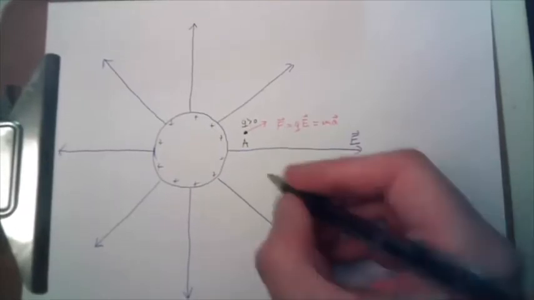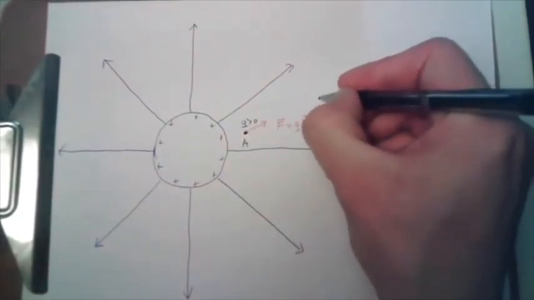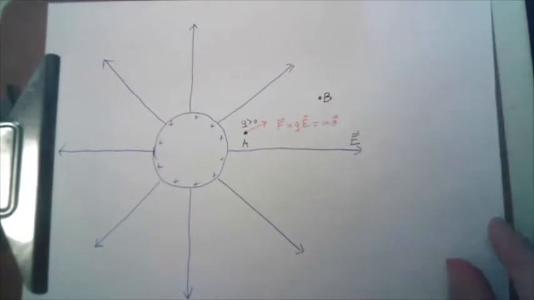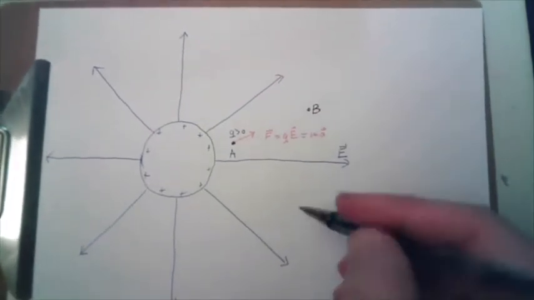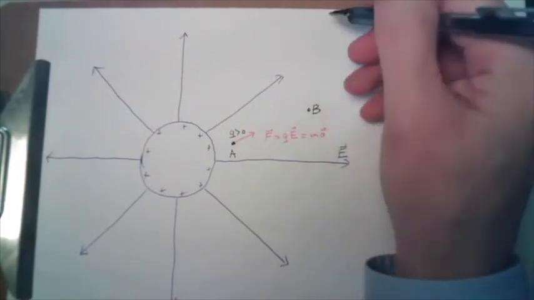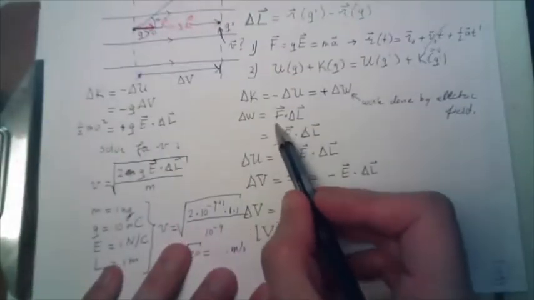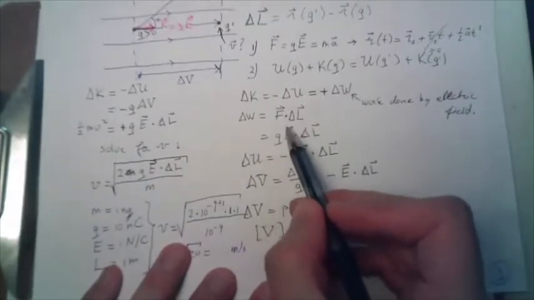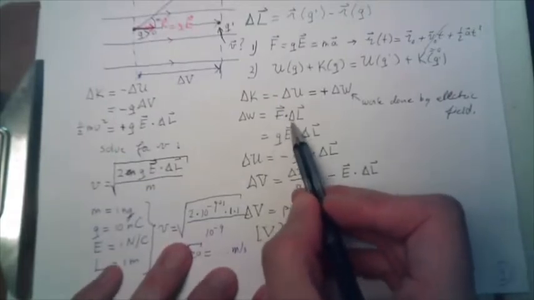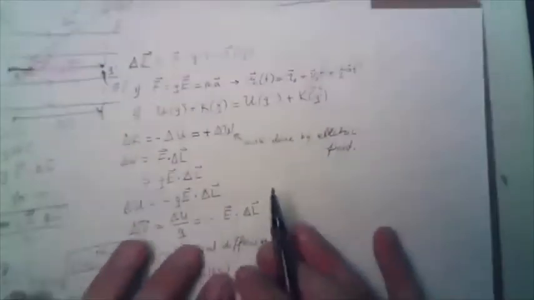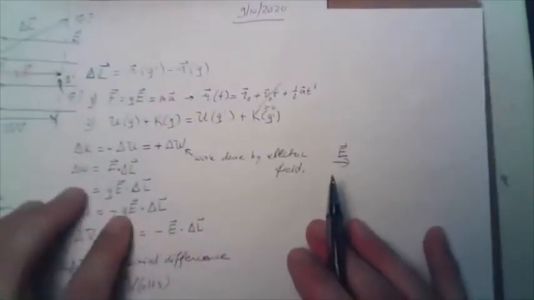Okay, so we go from here to here. And now, instead of using the work F·dl, we're going to have to integrate F over distance. So we'll do the same thing, except we're going to write this as an integral.